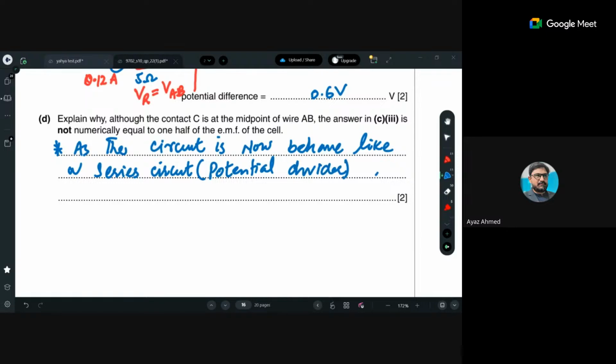Half of the wire is in series with the 5 ohm resistance.